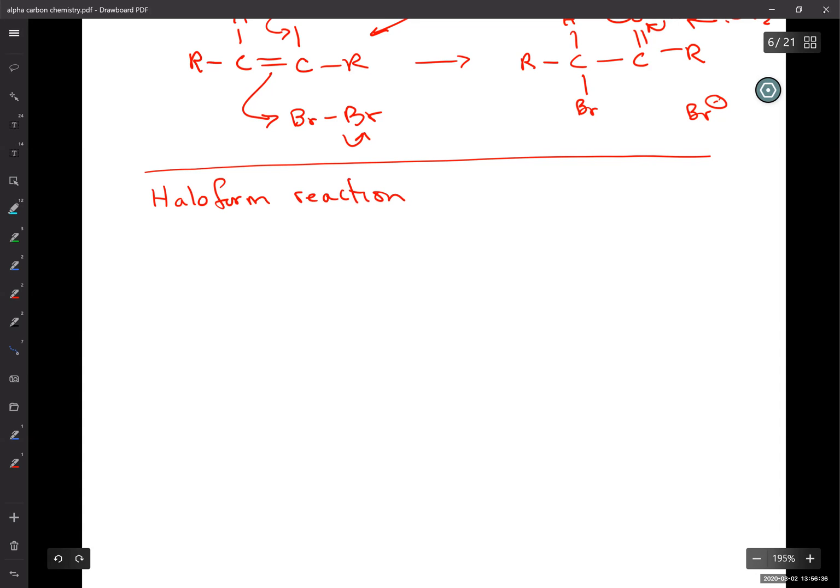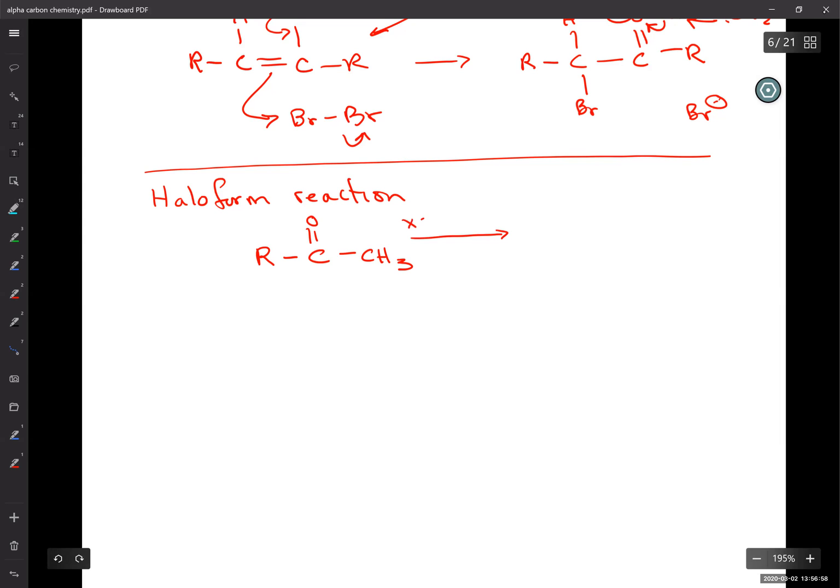It's the reaction of a methyl ketone. So a methyl ketone is just one of these guys. And acetone would be a methyl ketone as well. And under basic conditions, we'll do this.